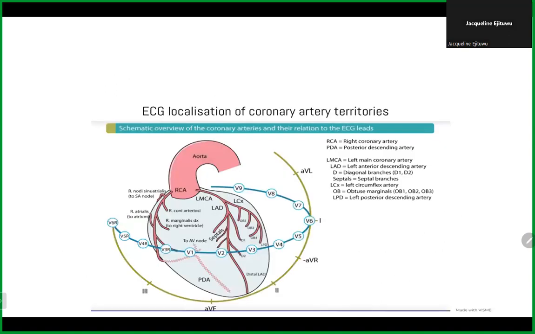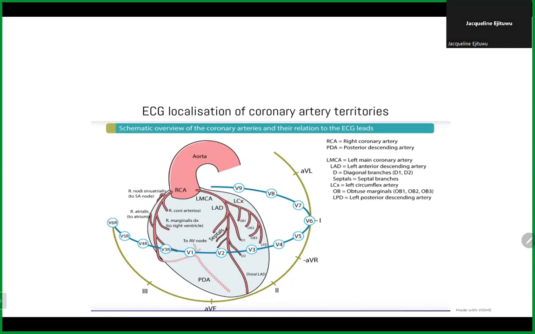So let's look at the ECG localization of coronary arteries. This is just a schematic view of the heart and the way ECG leads are arranged in relationship to the coronary vessels. So we have V1 to V6. As we all know, V1 to V6 are usually the chest leads.